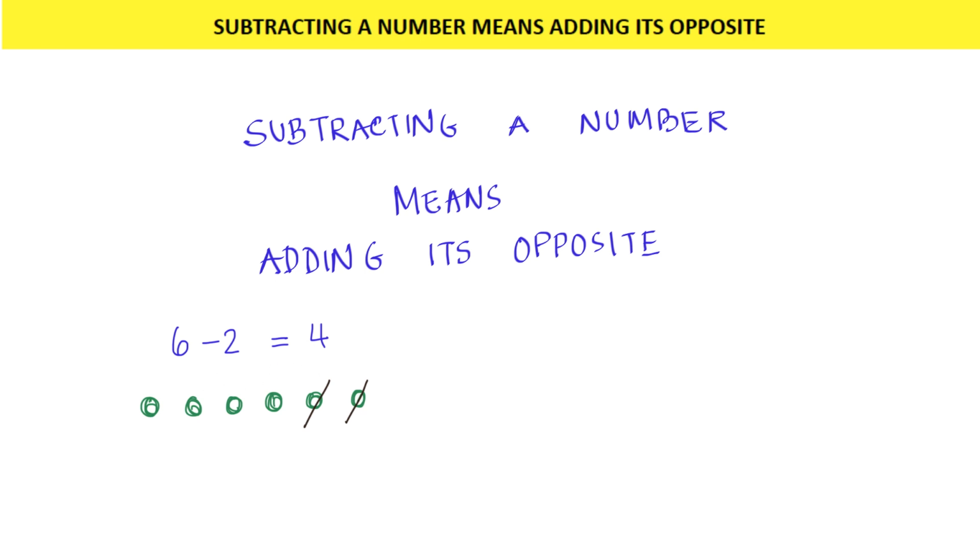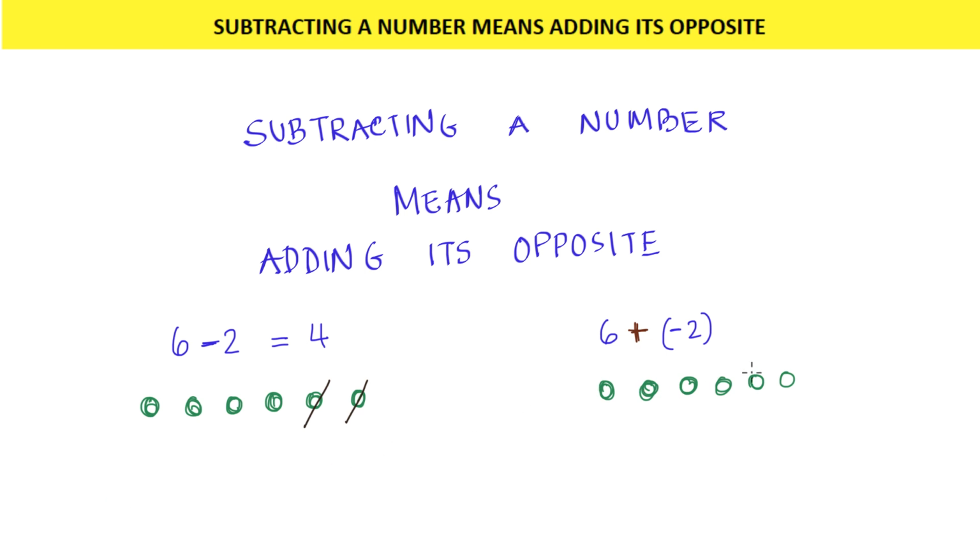On the other hand, we're saying that subtracting a number means adding its opposite. That means 6 stays the same, the minus will now become plus, and the 2 will now become negative 2. And let's see how we can represent that. We have 6.